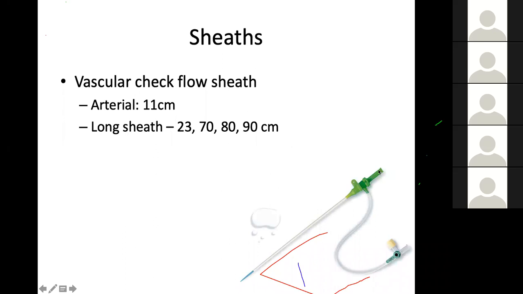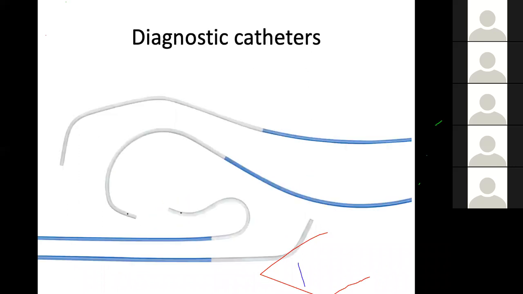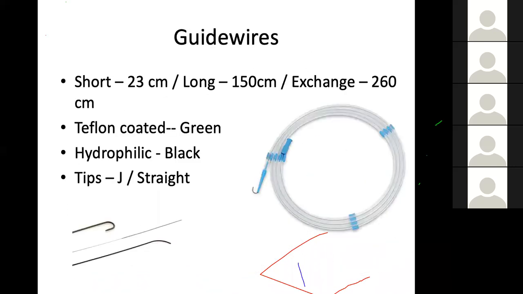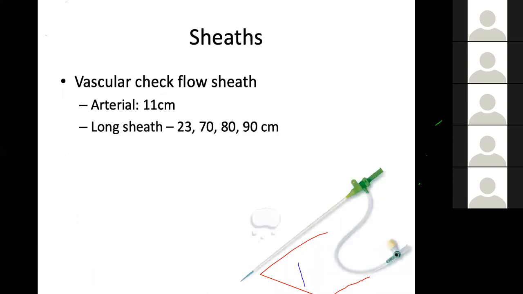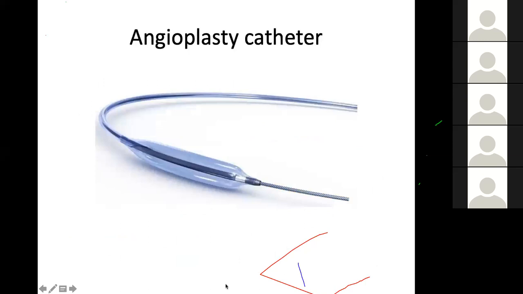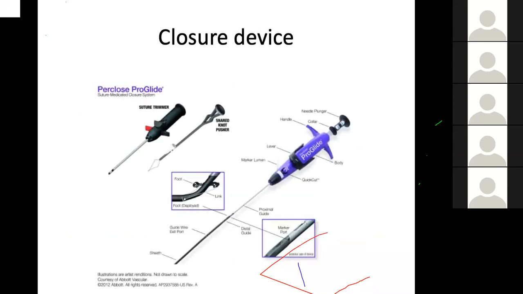And through this sheath, we pass the diagnostic catheters with the help of guide wires. And once we have done the procedure and we remove the diagnostic catheter, before removing the sheath, we put back the guide wire. On the guide wire, we use one of these two closure devices.